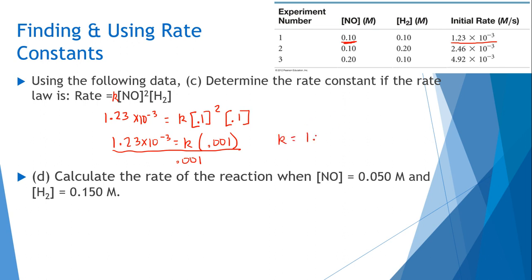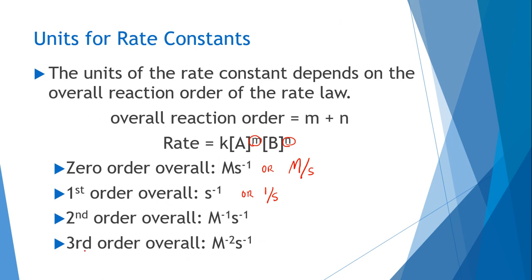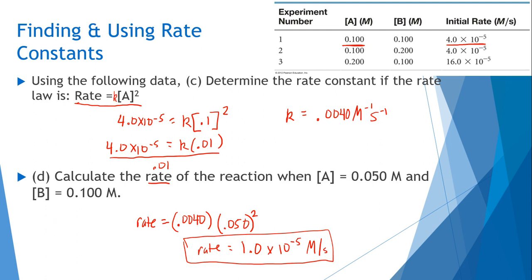you get the k value of 1.23. Again, to determine my units, it depends on the overall reaction order. I have an exponent of 2 plus my exponent of 1, which gives me third order overall. So if we look back at the slide, third order overall is molarity to the negative 2, and then seconds to the negative first.